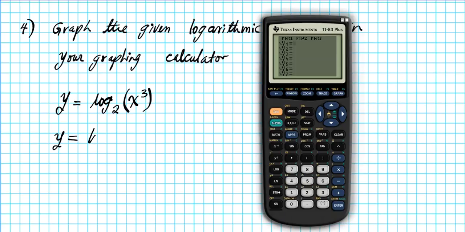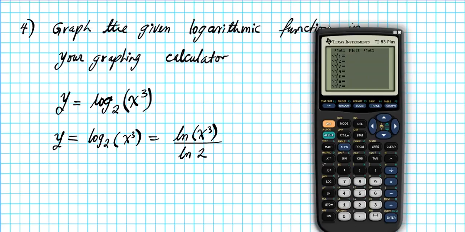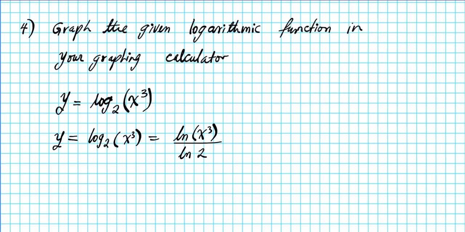So if I want to change the base of this to natural logarithm, this is going to become the natural logarithm of the logarithmic argument x to the third, divided by the natural logarithm of the base of the original function, which is 2. So what I'm doing here, let me put a side note, is we change to base e, or you can change it to base 10, it doesn't matter.